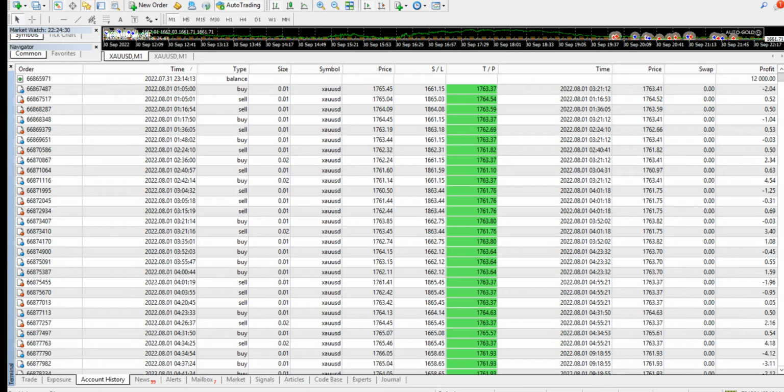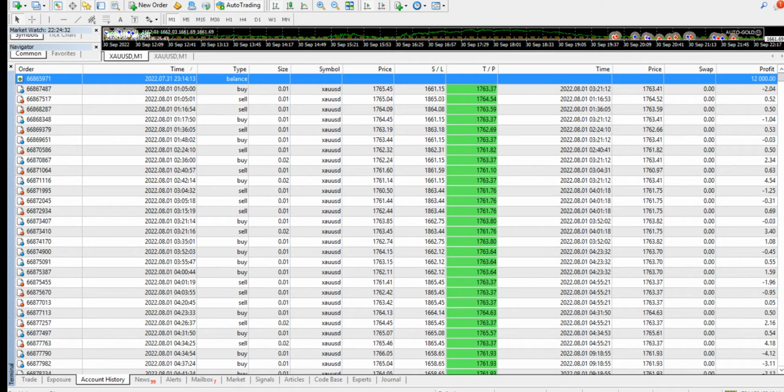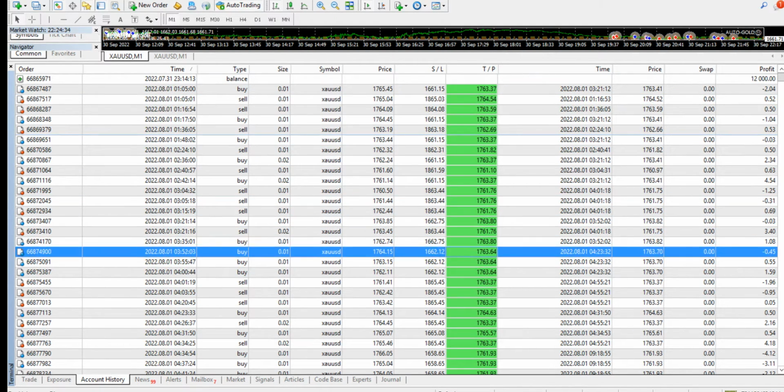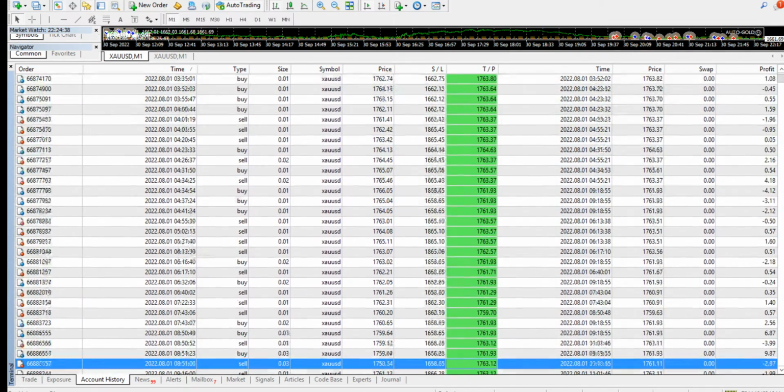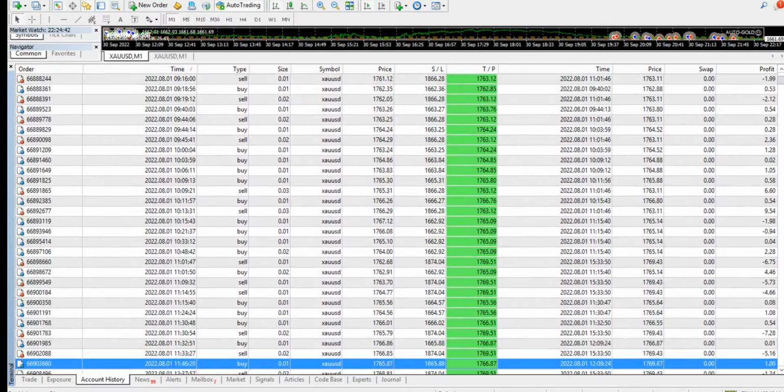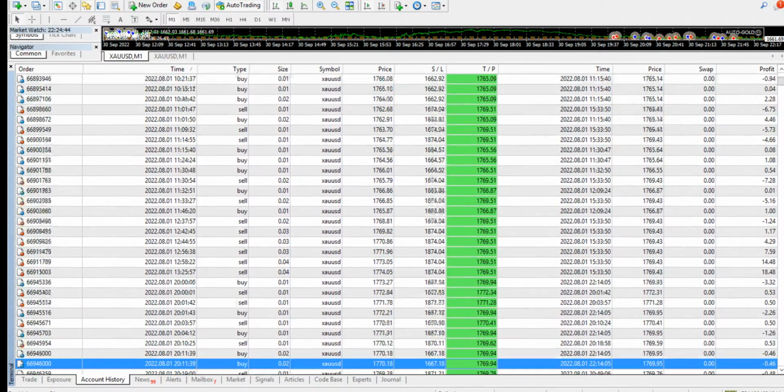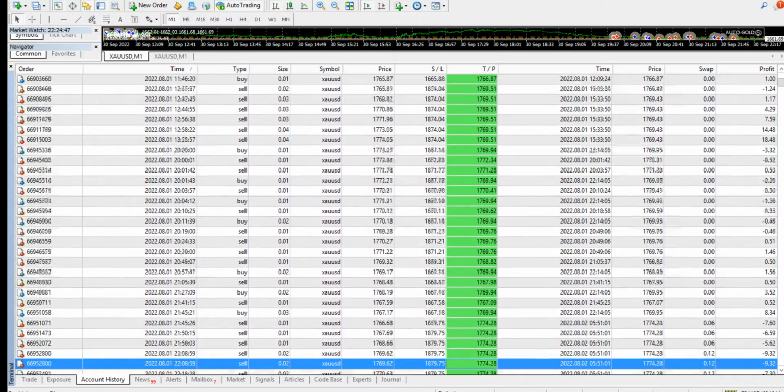Okay, so it is a scalper EA, and as you know, scalping is done in shorter time frames. In general, not about any specific EA, when we do scalping, we do it in shorter time frames. Could be 15 minutes, 5 minutes, or 1 minute.